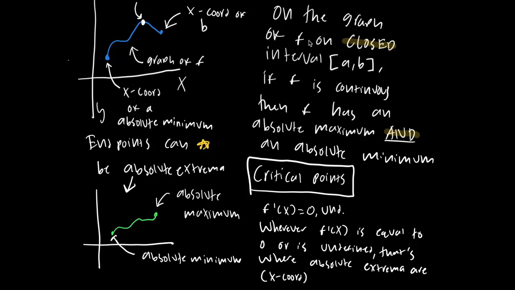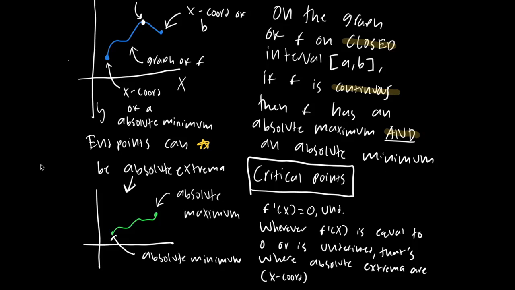Just that on the graph of f on closed interval a to b, if f is continuous, that's also really important. That's continuous on the interval. And we're going to have to prove continuity when we eventually do our practice problem. So hopefully you did good in unit 1. If f is continuous, then f has an absolute maximum and an absolute minimum.